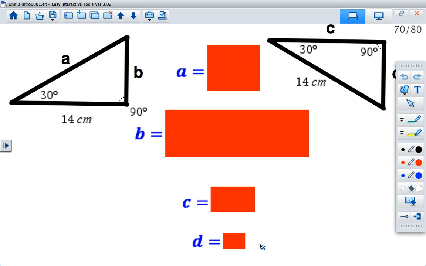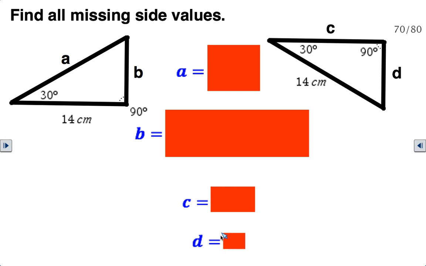We are going to start with finding side D here. When we have the hypotenuse, and D is our short side, all you have to do is divide by 2 to find the short side. Once you have the short side, to find the long leg, you have to multiply by the square root of 3.